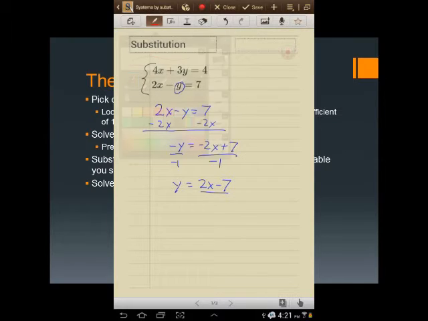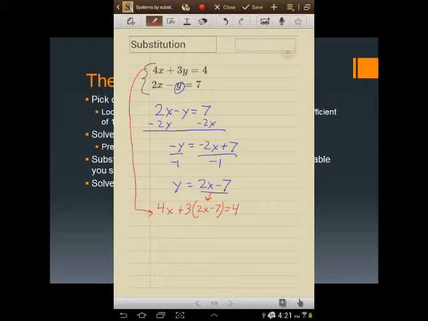Switch to red. I'm going to take this first equation, the other one, not the one I used, and I am going to replace y with what I just figured it out to be. Now look, my pointer's not coming up.